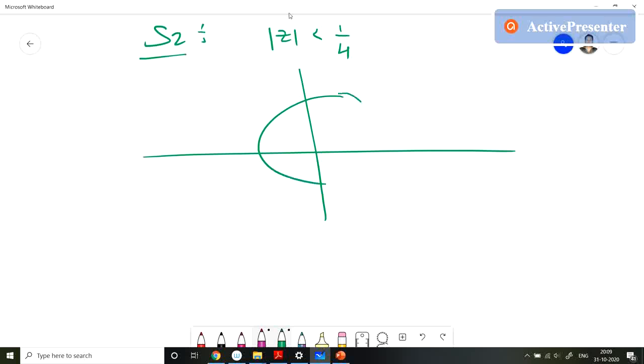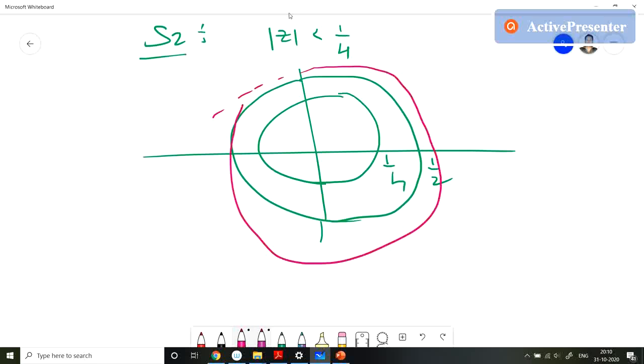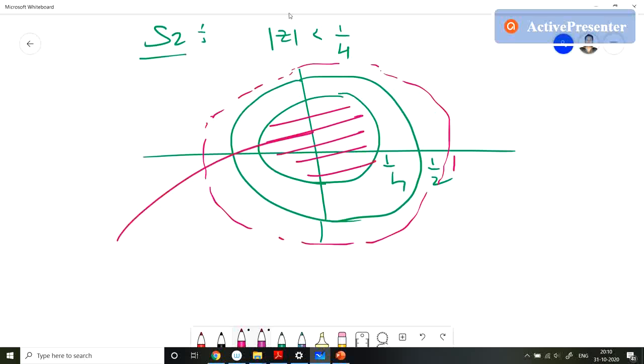So we have one circle of radius 1/4, another circle of modulus of z equals 2, and here we have the unit circle. Modulus of z less than 1/4 means this is the region of convergence.